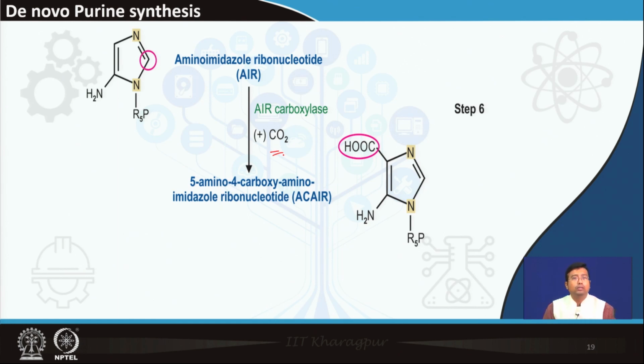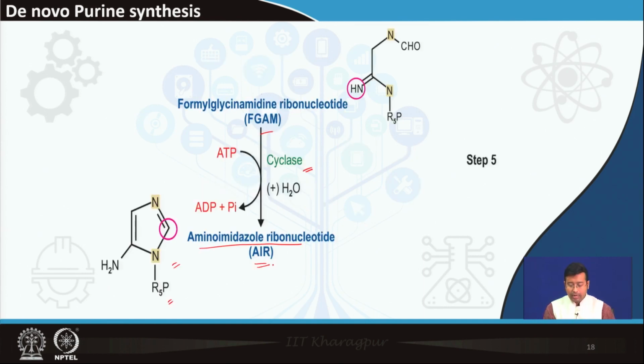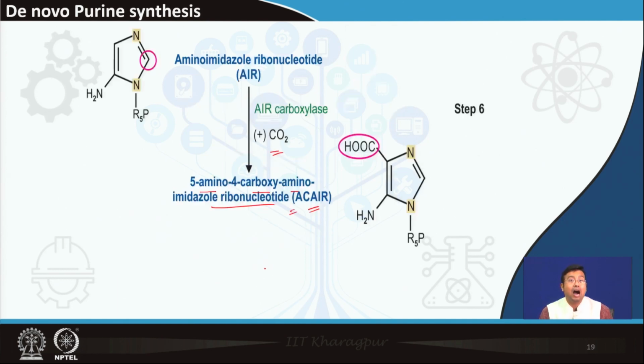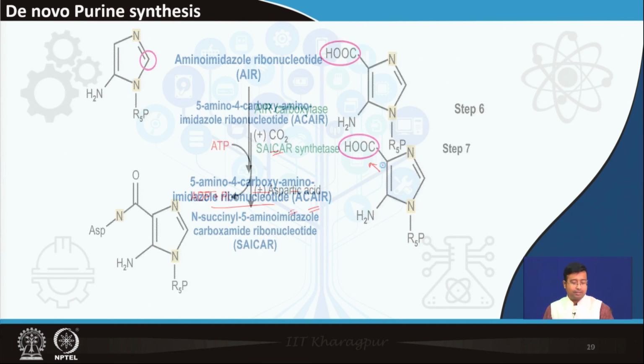Basically, a COO is coming in and it is forming 5-amino 4-carboxy aminoimidazole ribonucleotide, which is abbreviated as ACIR, and aminoimidazole ribonucleotide is abbreviated as AIR. This is step 6. So, again we have started forming another ring over here.